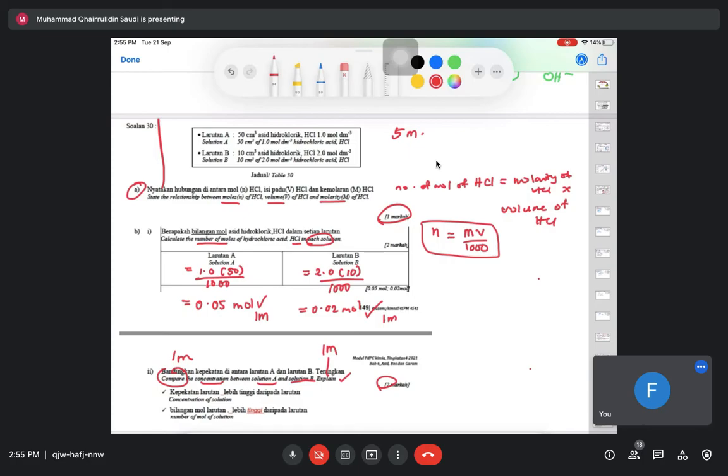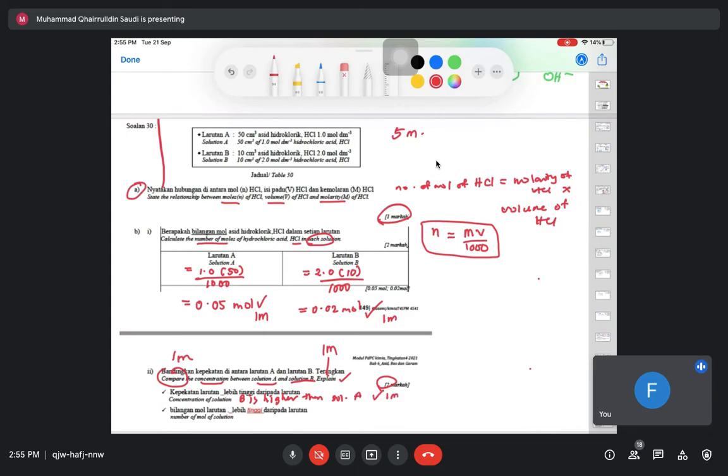B. Concentration of solution B is higher than solution A. This is 1 mark.